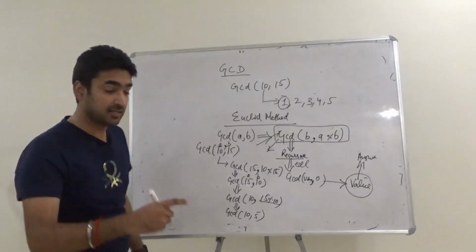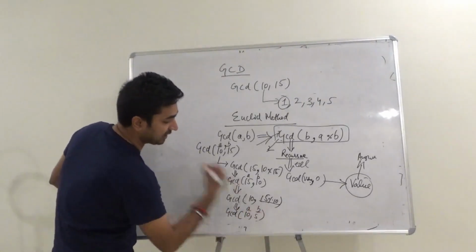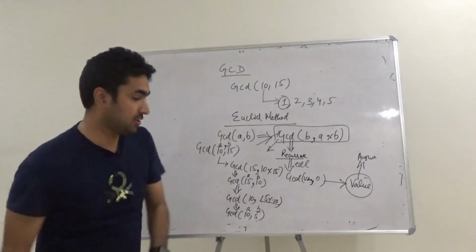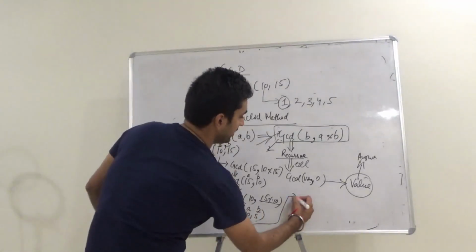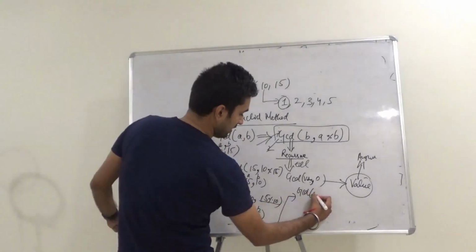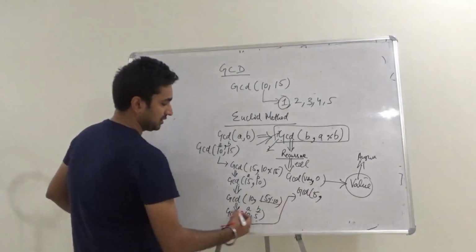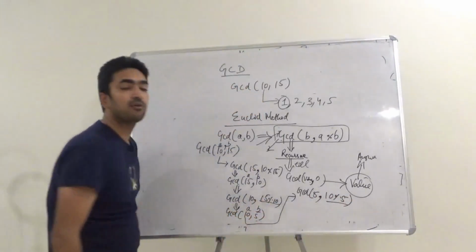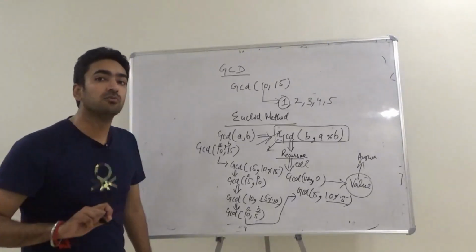So the answer is GCD of 10 comma 5. Again I calculate: 10 modulus 5 is 0.